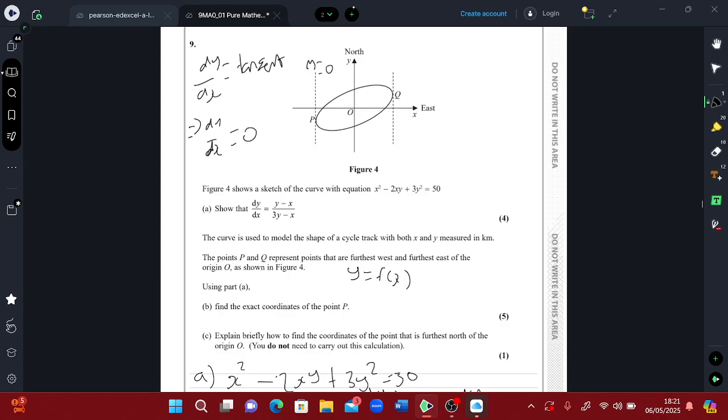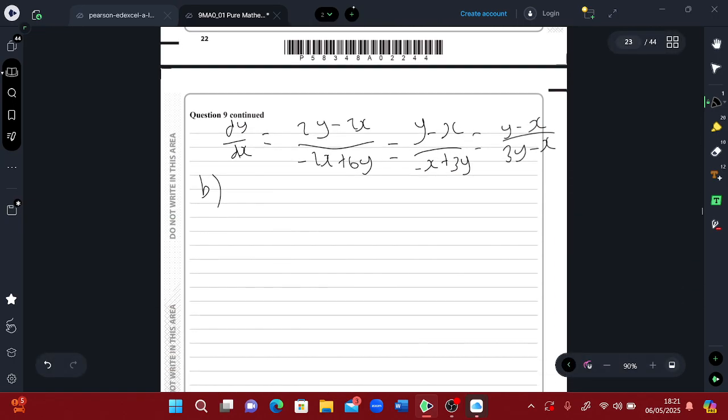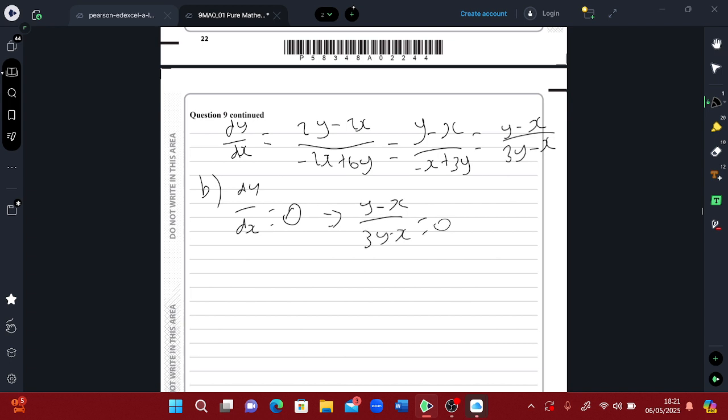And that's what we're going to do. So dy/dx is 0, and essentially that's what we're going to solve. dy/dx equals 0 means that what we worked out has to be 0. Now with fractions, the denominator can never be 0.